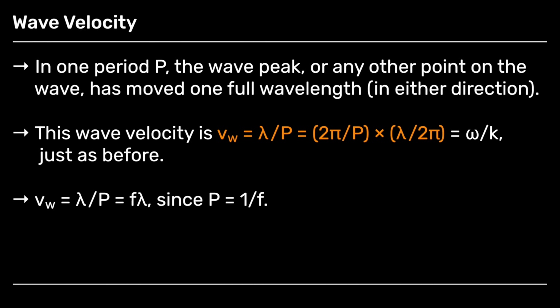And if I multiply by 2 pi and divide by 2 pi in that expression, that is equivalent to omega over k, just as I found before. So the easiest way to remember the velocity of the wave is simply lambda over p, or, because p is 1 over the frequency, f, the wave velocity is equal to the frequency times the wavelength.